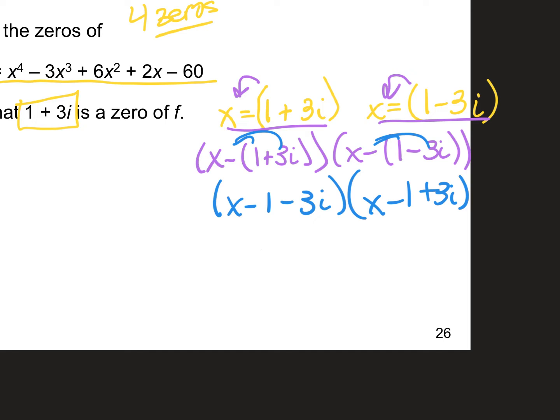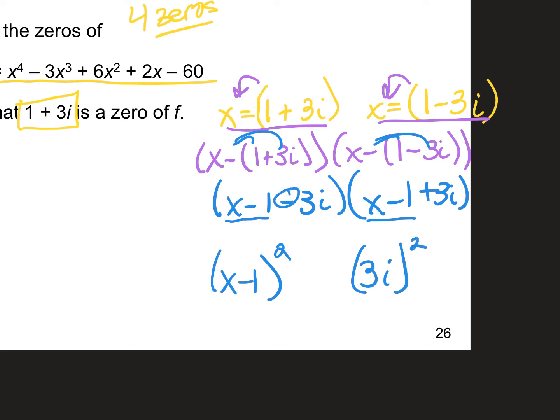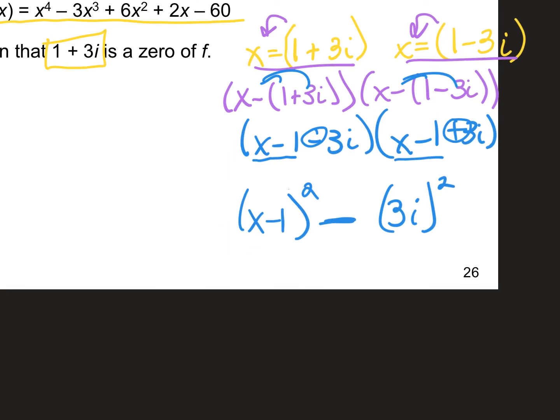Or you can look and say, okay, at the beginning of each one of these parentheses, I have x minus 1 2 times, so x minus 1 squared. My second term is 3i in both parentheses, and that's squared. And then I have a plus sign and a minus sign, so they're different. So I'm going to put the difference in the middle here. And this will work every single time, this little shortcut.